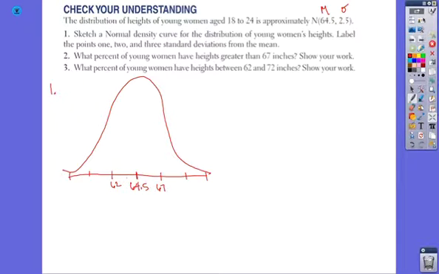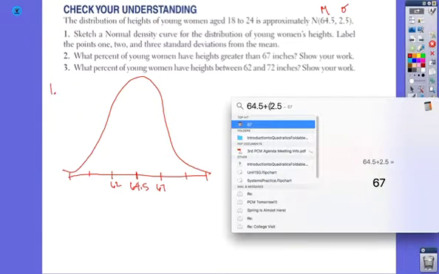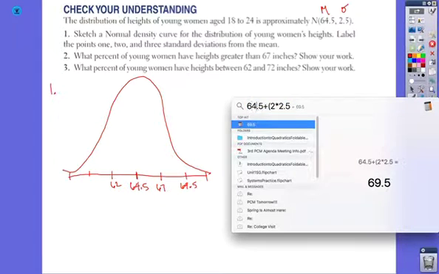To get 2 standard deviations away on the right side, we would say 64.5 plus 2 times 2.5, which would be 69.5. And then 2 standard deviations away on the left side would be 64.5 minus 2 times 2.5, which would be 59.5.